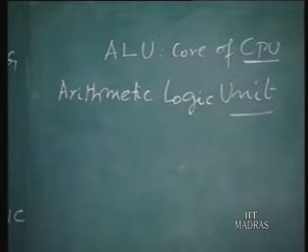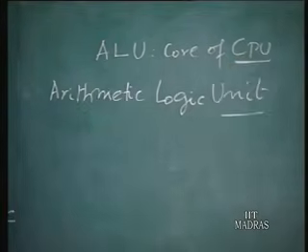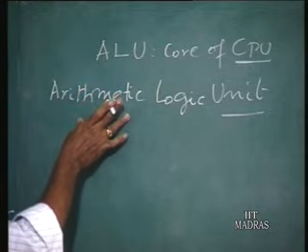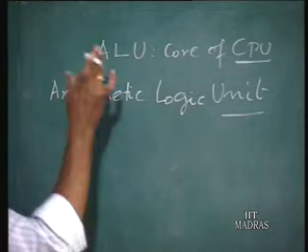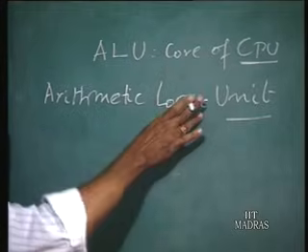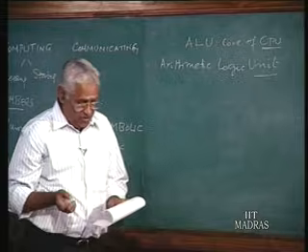So, we are just seeing some detail of the CPU, essentially the ALU, the arithmetic and logic unit, and it came about because it all started with numeric processing, that is arithmetic processing, and subsequently it evolved into symbolic processing, that is logic processing, and now essentially we have this ALU, which is the essential core of the processing unit.